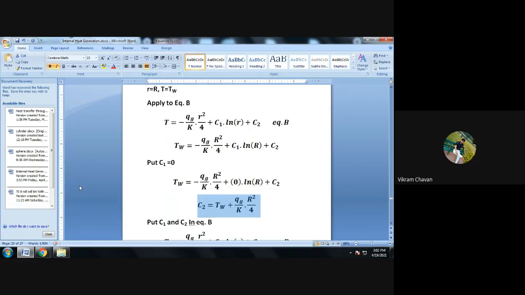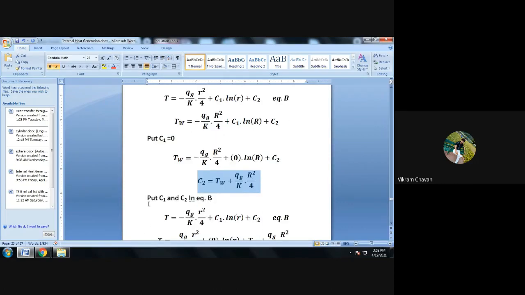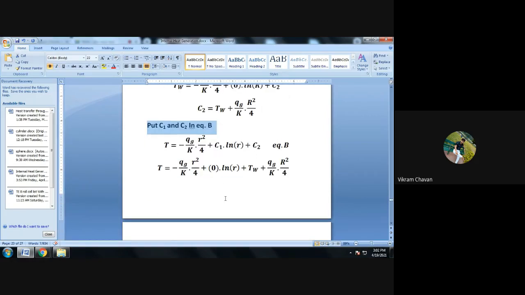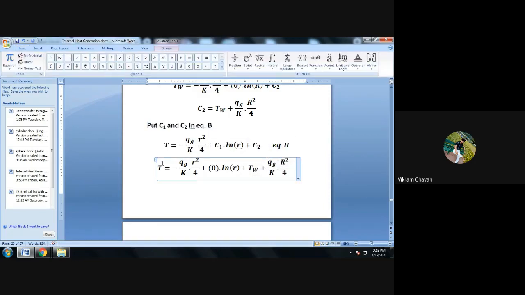C2 is equal to Tw, that is the surface temperature of the rod, plus Qg divided by K multiplied by R square divided by 4. Now once you get these C1 and C2 values, put them in equation number B. Our equation number B is T is equal to minus Qg divided by K multiplied by small r square divided by 4, plus C1 multiplied by ln of r, plus C2.